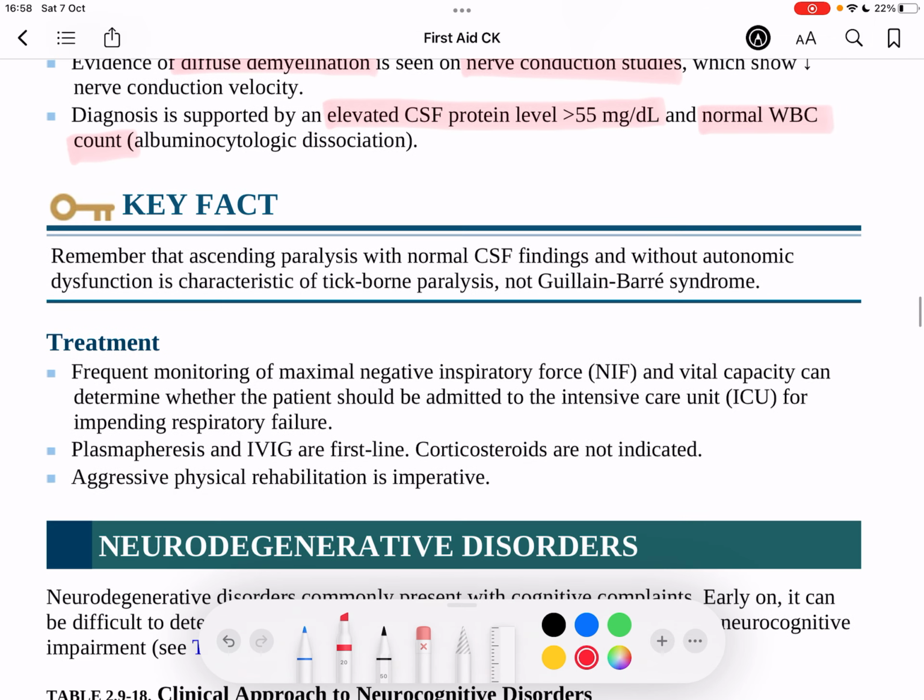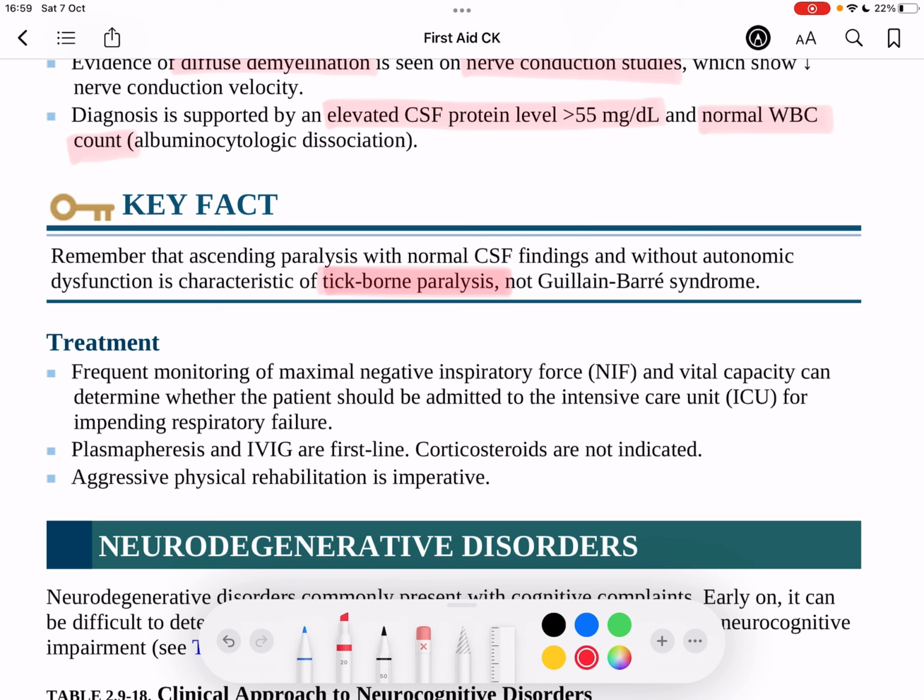Just a quick key fact: remember that ascending paralysis with normal CSF findings and without autonomic dysfunction, i.e. this is not Guillain-Barré syndrome, is characteristic instead of tick-borne paralysis. Tick-borne paralysis is not commonly tested in USMLE, but it's usually due to the Dermacentor tick, a tick also commonly associated with Lyme disease.